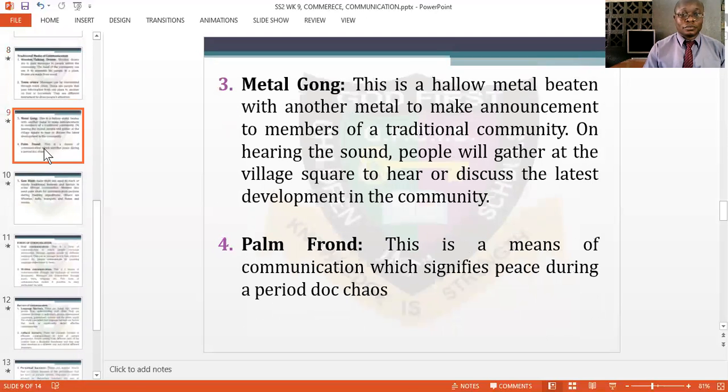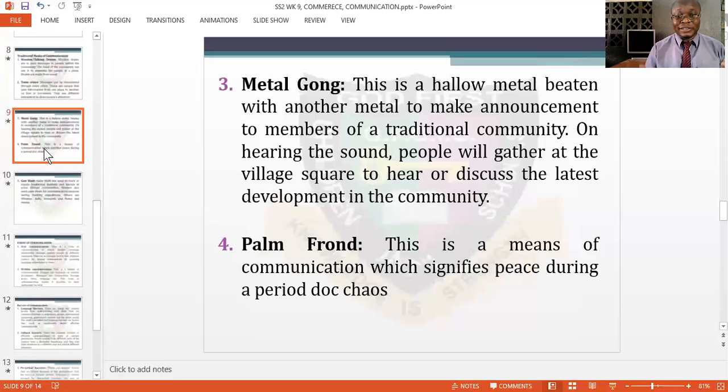There is another one, the metal gong. The metal gong is an alloy metal beaten with another metal. They use one metal to beat the other, and use it to make announcements to members of the traditional community.